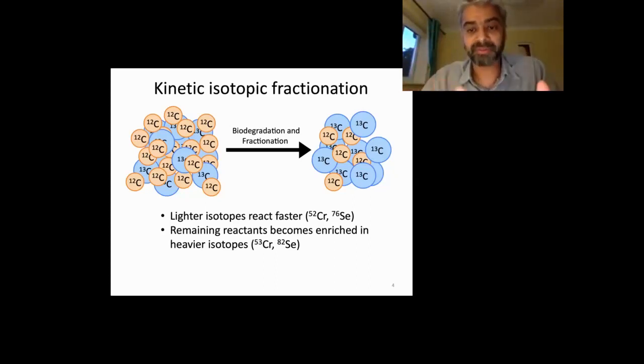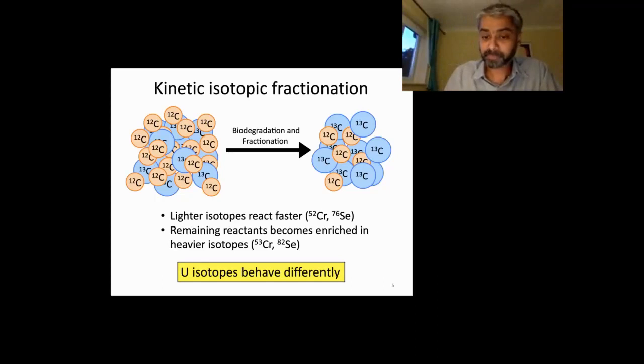So after a while, if you look at the remaining reactant, you'll see that the reactant is enriched in the heavier isotopes. That's the regular kinetic isotope fractionation, where the remaining reactants are enriched in heavier isotopes. That works for chromium, that works for selenium, and pretty much the rest of the periodic table, except for uranium.